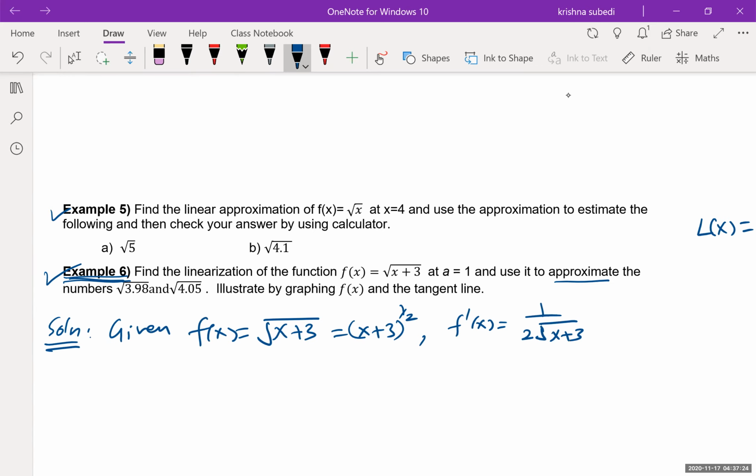I trust that everybody knows how to get this. And what is a? a equals 1, given. So f of a, just substitute the value, is the square root of 1 plus 3, which is 2. And what is f prime of a?